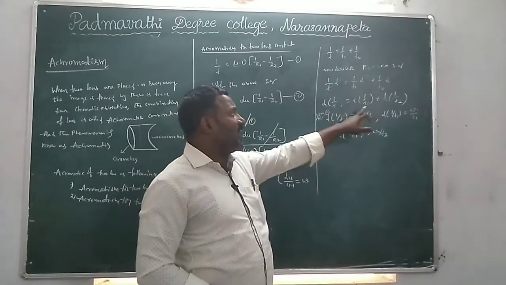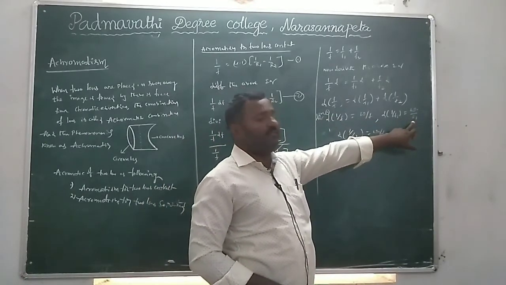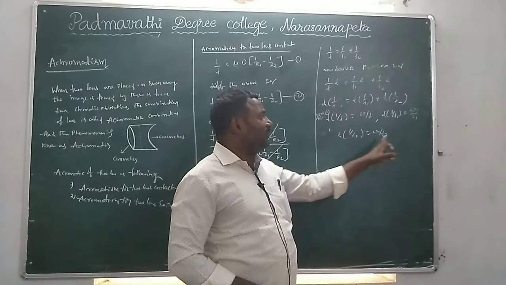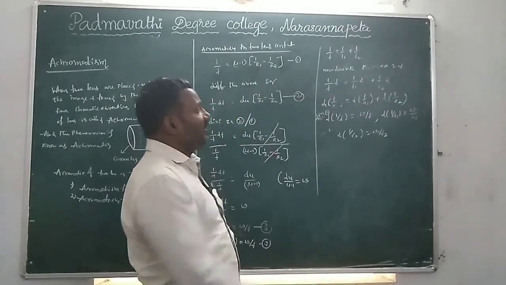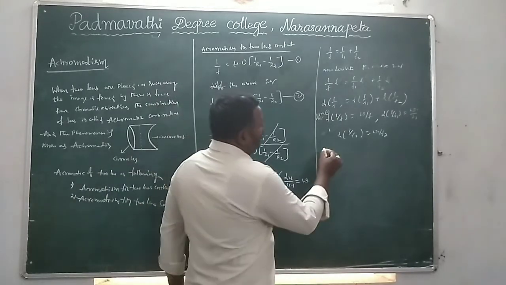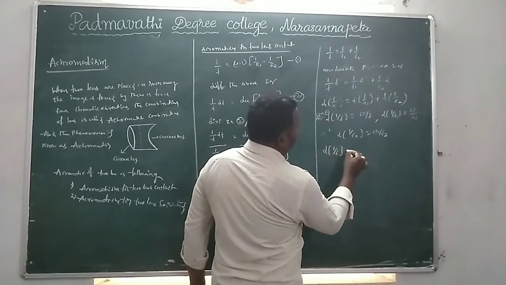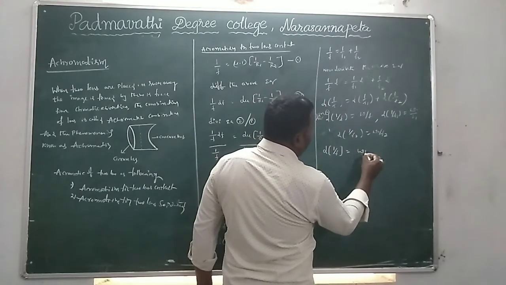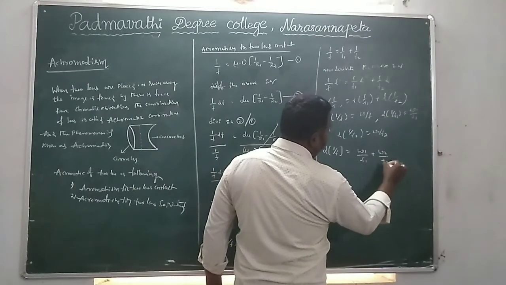Based on that, d into 1/f1 is equal to omega 1 by f1 and d into 1/f2 is equal to omega 2 by f2. These values are substituted into the above equation. Therefore d into 1/f is equal to omega 1 by f1 + omega 2 by f2.